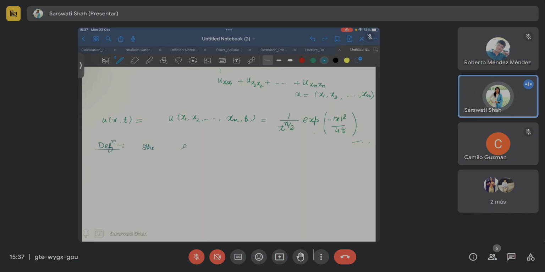The function phi(x1, x2, ..., xn, t) is equal to 0 when t is less than or equal to 0, and 1 over (4 pi t) to the power n over 2 times e to the power minus modulus of x squared over 4t.